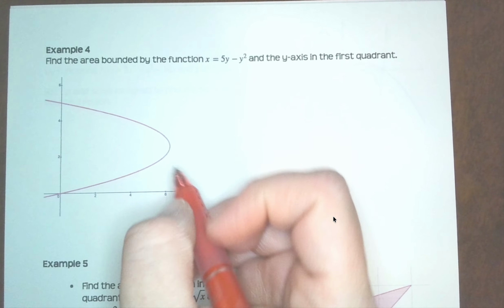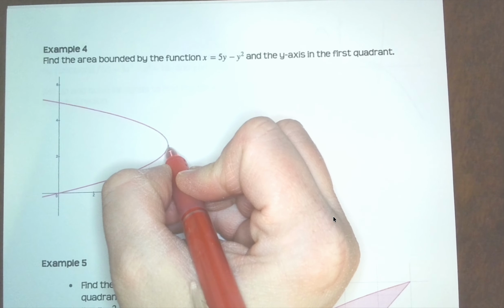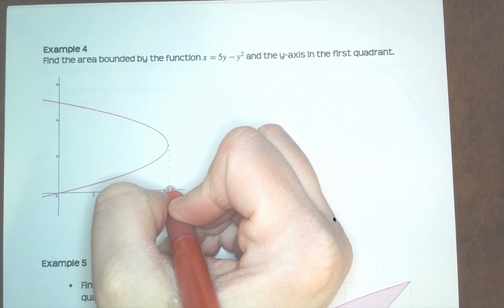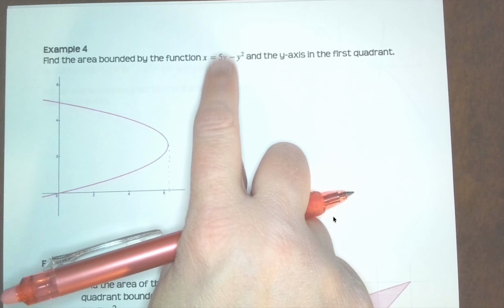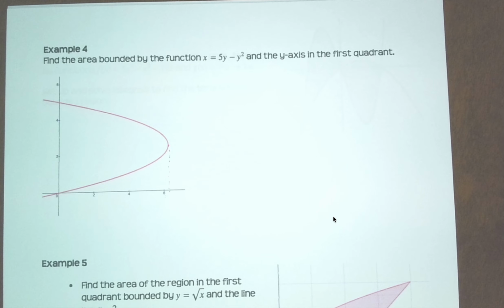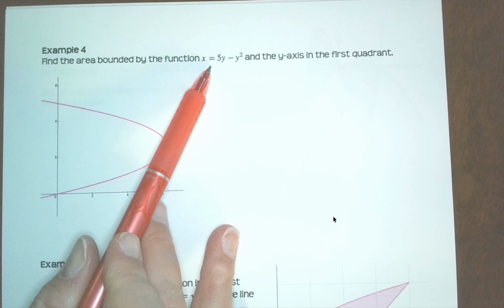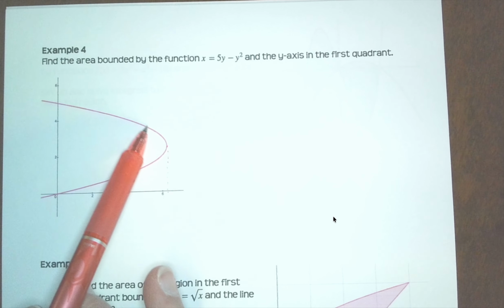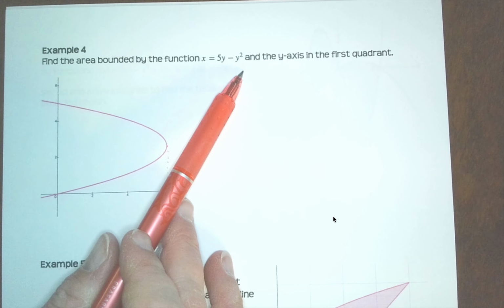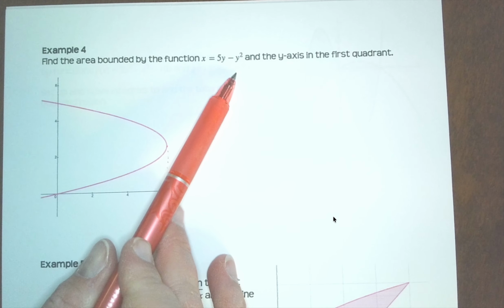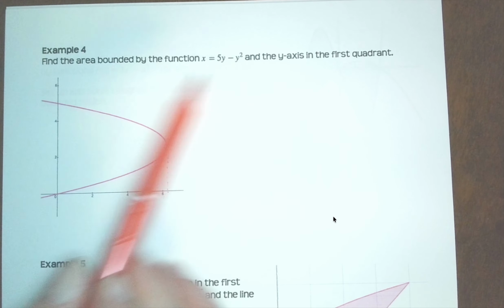But what we would have to do is first find where this vertex is, right? And I have faith in us, we could do that. We'd have to remember some things from algebra, but we'd have to find where that vertex is. It's not right at 6. And then we'd have to turn this thing into two separate functions. That's going to have to do with the plus or minus that would come out of either the quadratic formula or taking a square root.